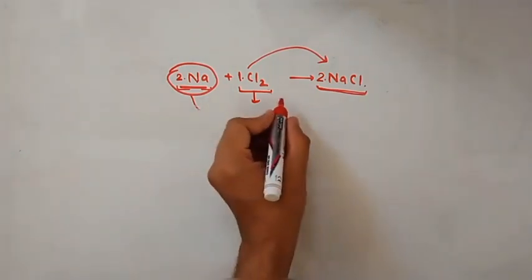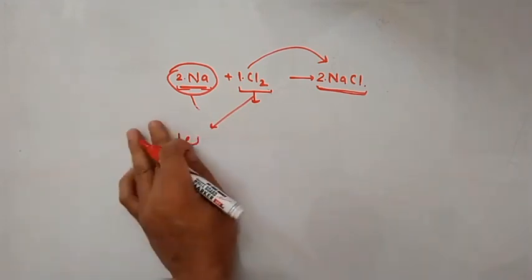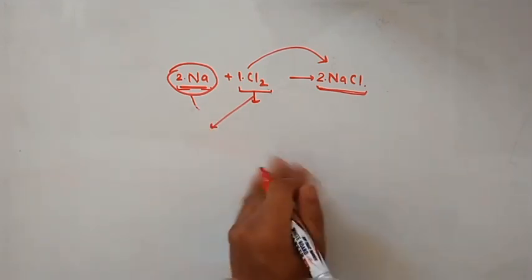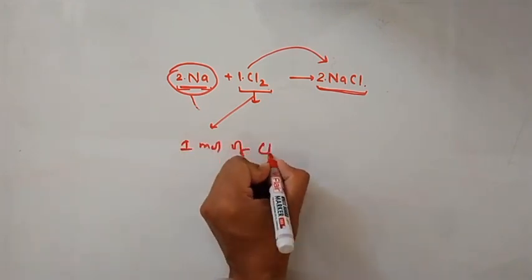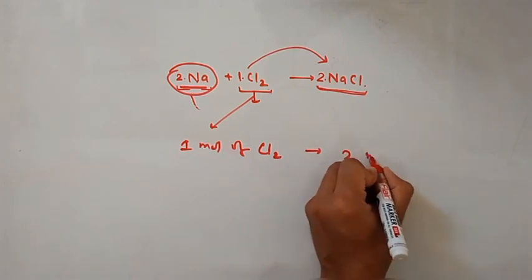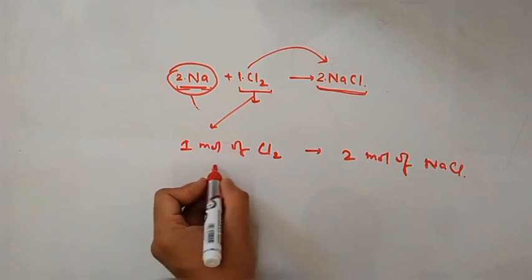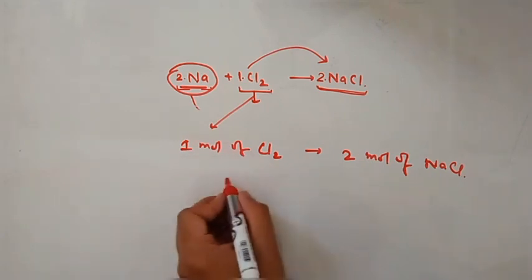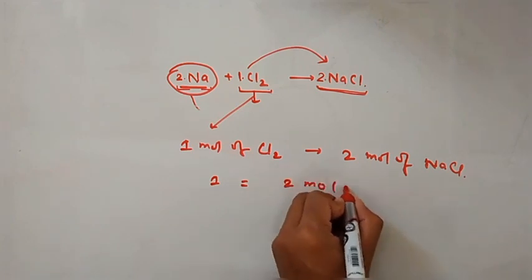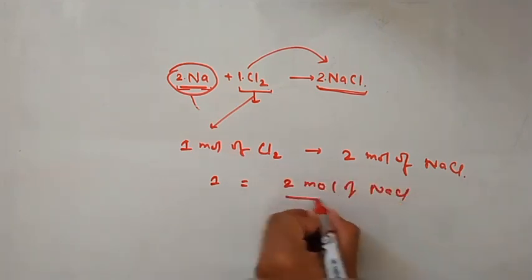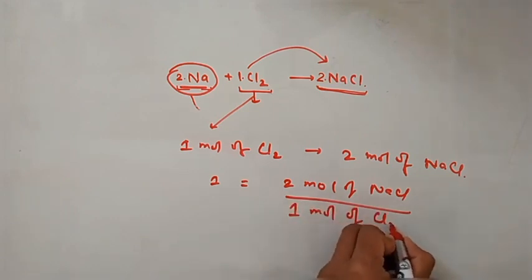In classes what we are taught is the unitary method, which is much the same. We say 1 mole of Cl2 gives us 2 moles of NaCl. Then you take it to that side, and we get 2 moles of NaCl divided by 1 mole of Cl2.